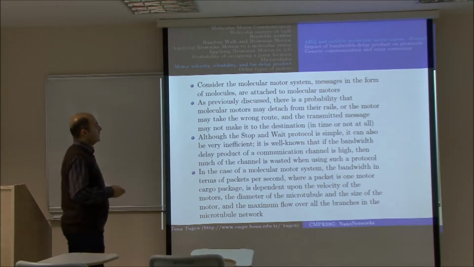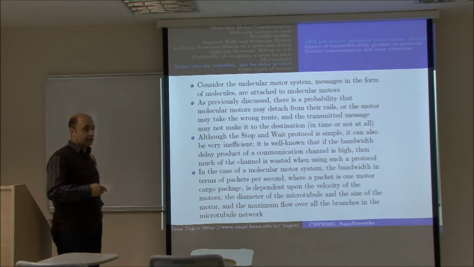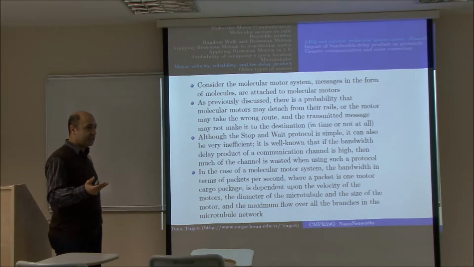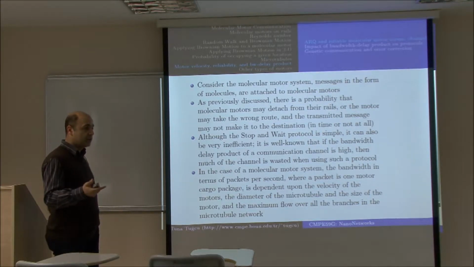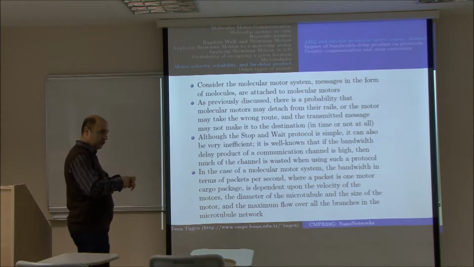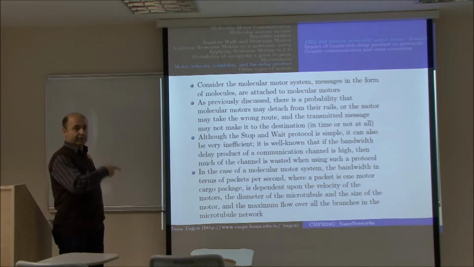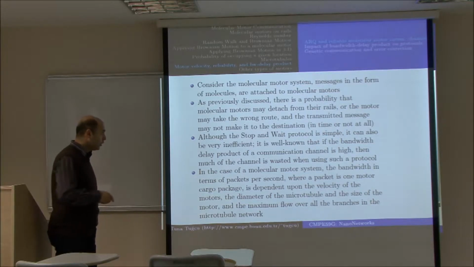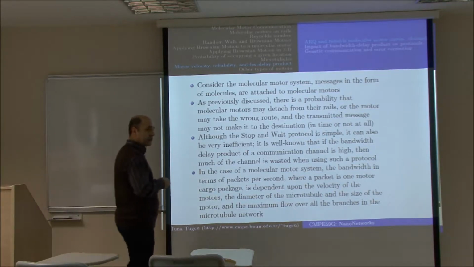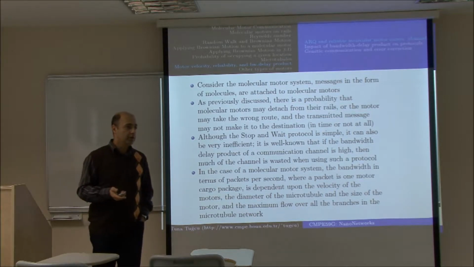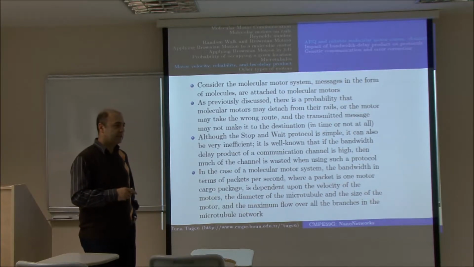So, as we have already discussed, there is a probability that the molecular motor may be detached from the rail, which means it will not be able to reach the destination, or at the crossing points, it may take the wrong path and go to the wrong destination. So our messages may not arrive at the destination at all, or they may be too much delayed.